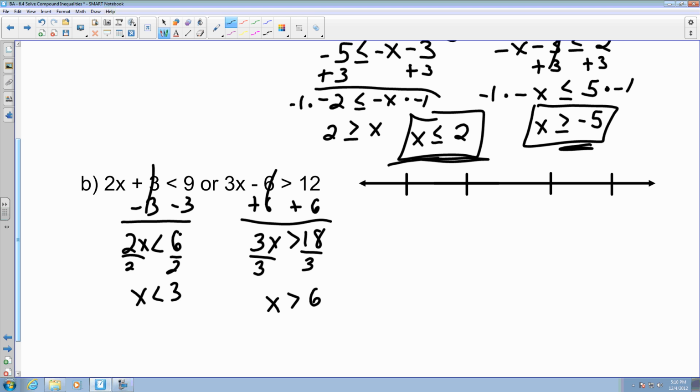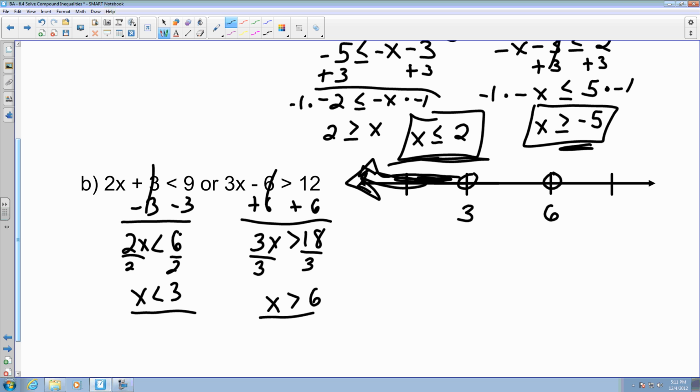So dealing with the inequality, we have 3 here. We're going to put a 6 on this side, and they are both open circles. And if you look at my x is less than 3, I am going to be shading to my left.